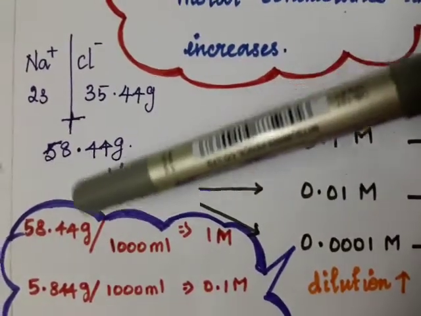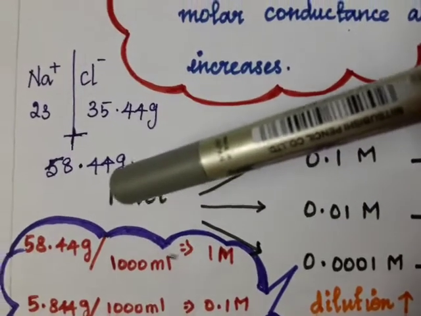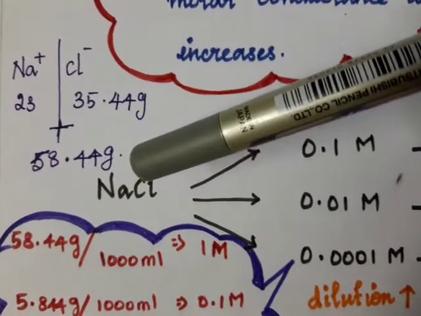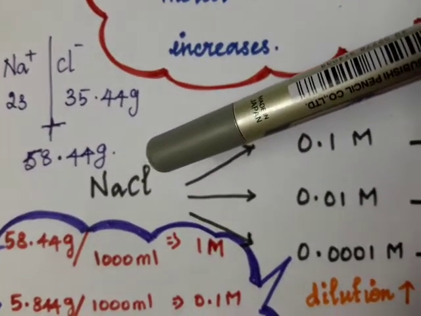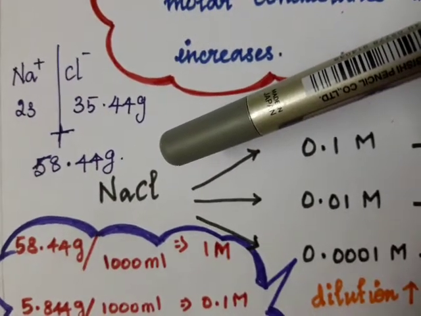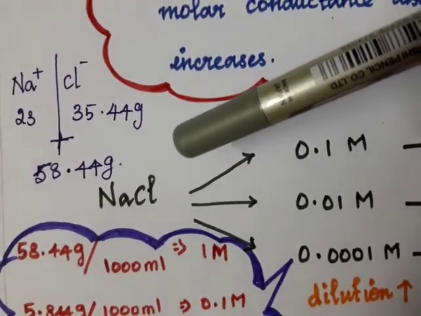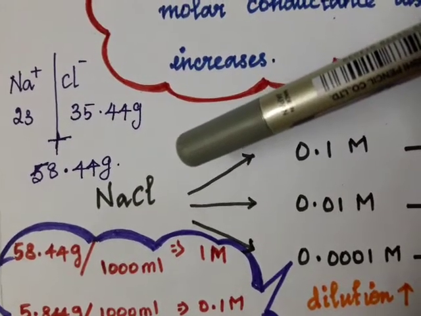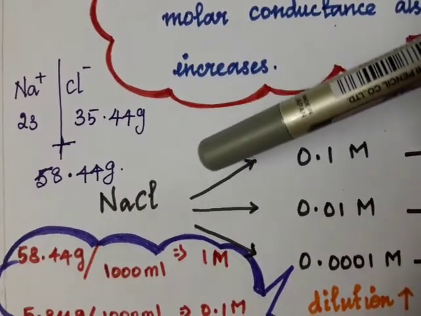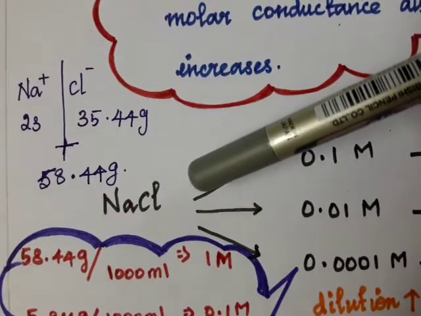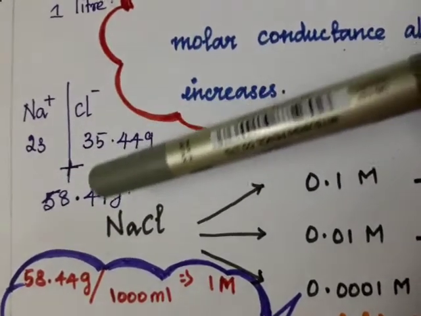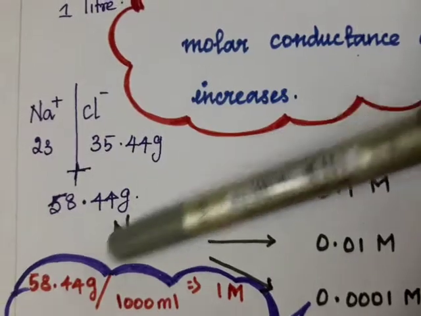So what is 1 mole of NaCl? What is a mole? Mole is nothing but the number of atoms present in the gram molecular mass. So instead of mole we can say gram molecular mass. What is the gram molecular mass of NaCl?